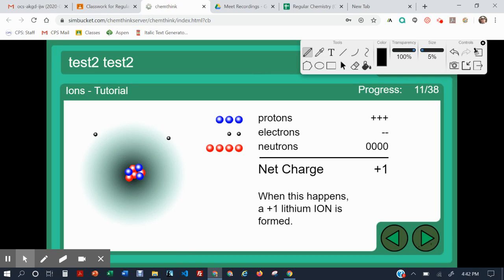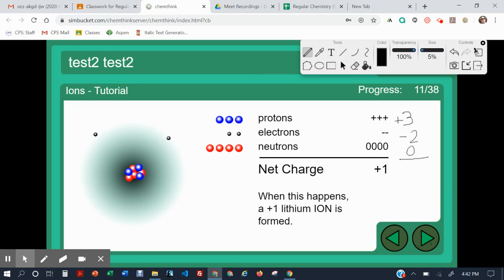Now, notice that the net charge is plus 1 because, again, we have 3 plus charges, plus 3. Now we only have a -2. We still have 0 from the neutrons. If you add those together, 3 minus 2 equals +1.